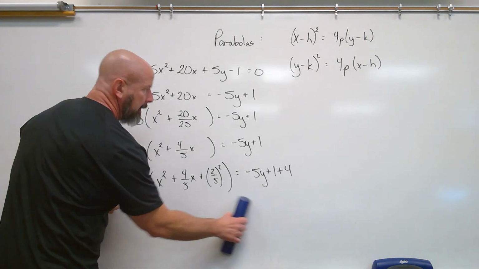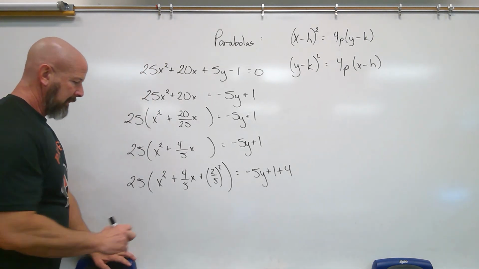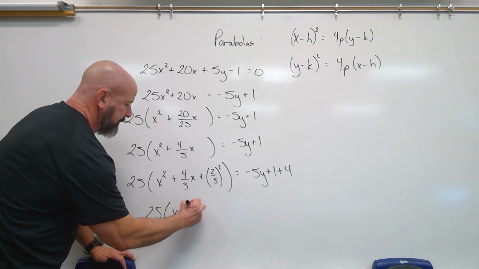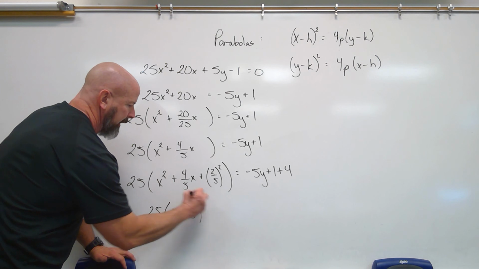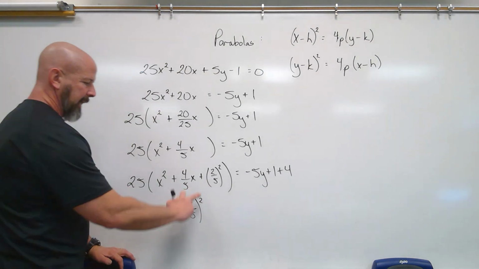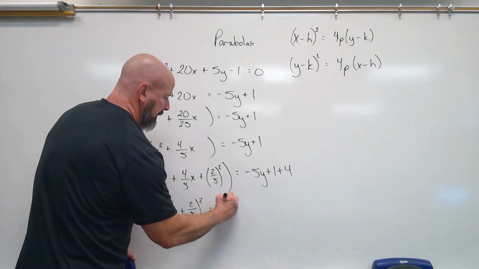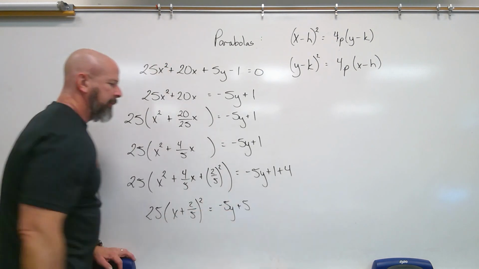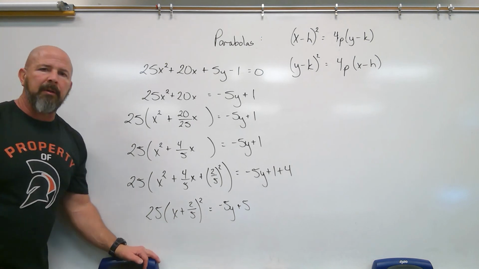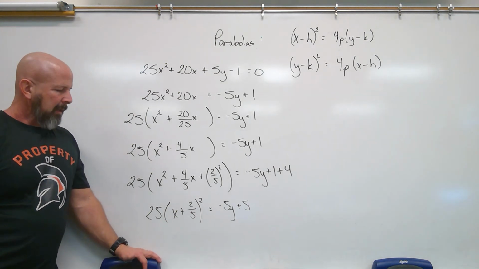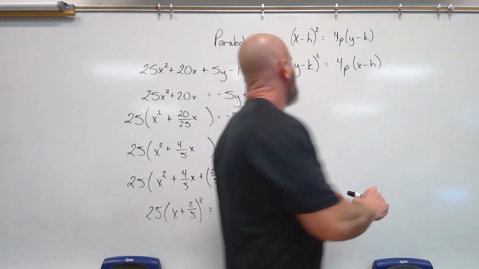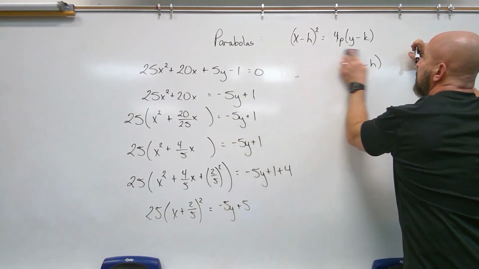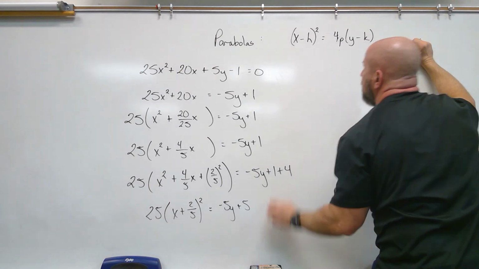So my next step, 25 times x plus 2/5 squared. There's my completing the square, equals negative 5y plus 5. Well, 1 plus 4 is 5 over there. I'm getting closer to this generic form right here. I'm just going to go ahead and erase the bottom one. This is what I'm looking for since I had x squared.